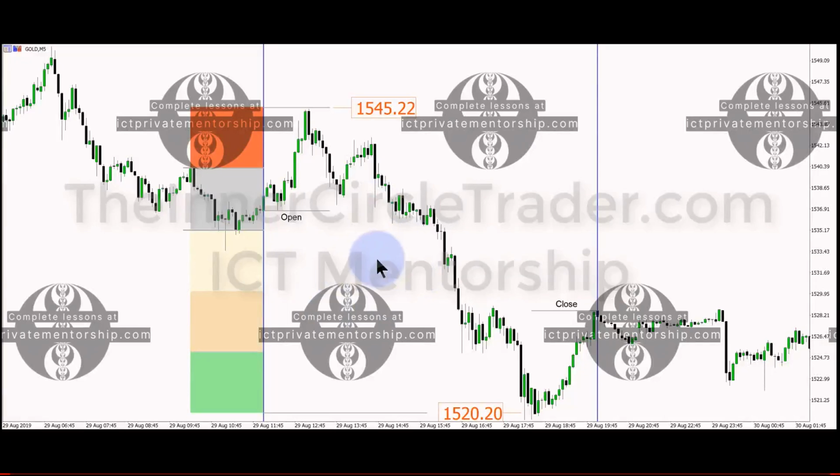If you missed it all up here and you have all the context over here, we have a fair value gap here with the low there, 1534, and then we have the candle high here, 1533, and you're probably saying, well, it's not even that big of a difference. It's a gap. So split that gap in half.